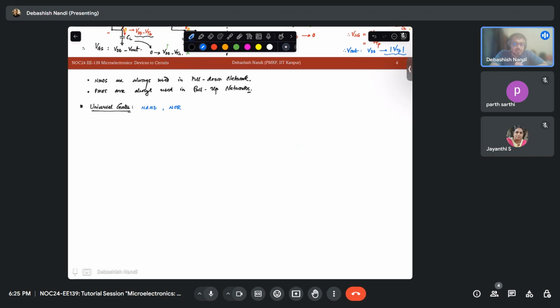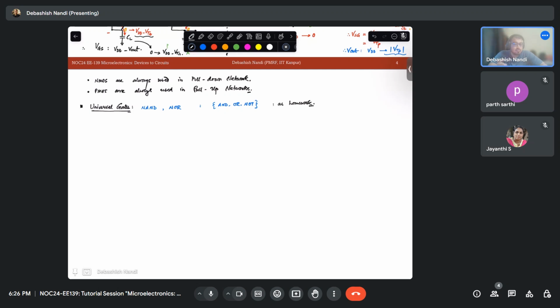Why? Because from these gates you can construct the fundamental set of gates: AND, OR and invert, or the NOT gate. So this you will do as homework, that why your NAND and NOR are called universal gates. Okay.